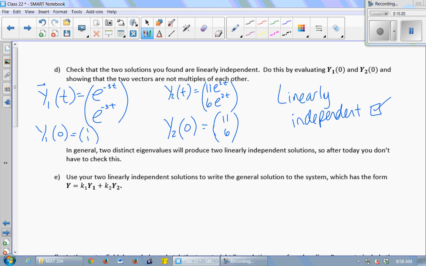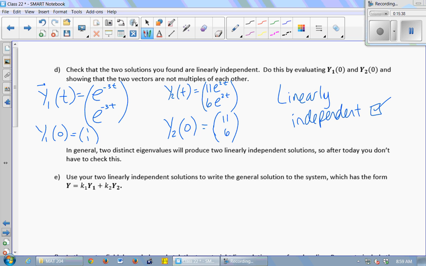Okay. So we learned several classes ago that if you have two linearly independent particular solutions, all you have to do is combine them in this linear way, and you have the general solution to the system.